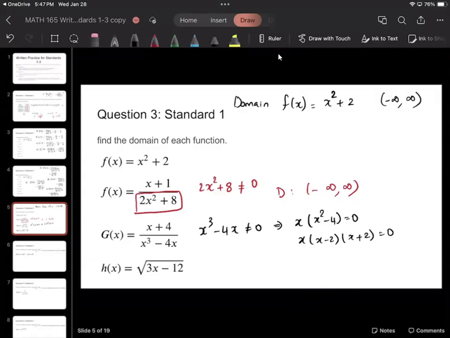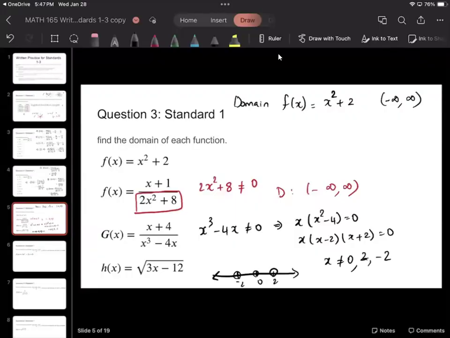So x cannot equal 0, x cannot equal positive 2, and neither can it equal negative 2. So there are 3 exclusions here. If you want to plot it on the number line, what you're saying is that negative 2 is not allowed, 0 is not allowed, 2 is also not allowed. So I have 3 numbers which are not allowed to become the input of g of x.